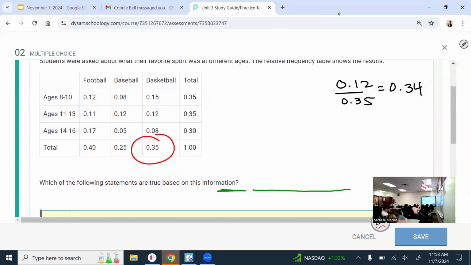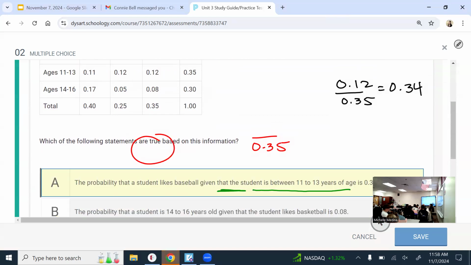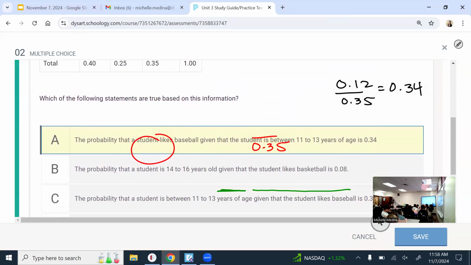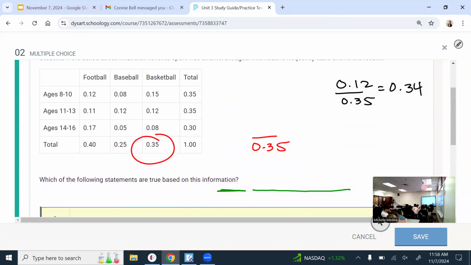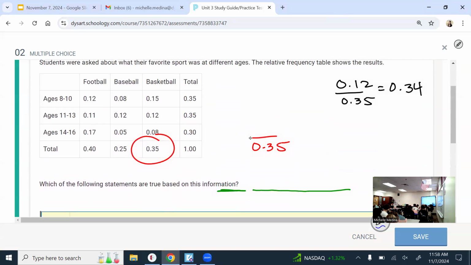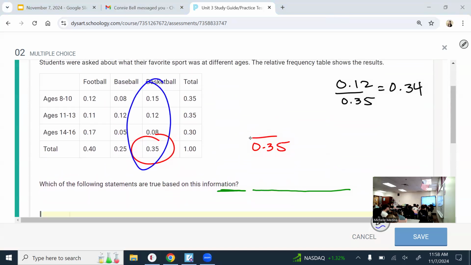All right, so then we're getting that from there. And we want to know out of those students, how many are 14 to 16 years old? Out of these, how many are 14 to 16? 0.08. Divide that. 0.08 divided by 0.35 is 0.23.